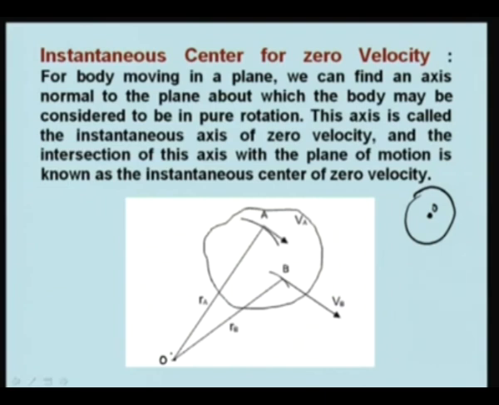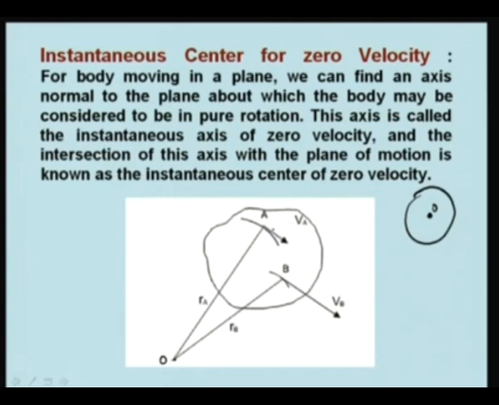Therefore, the velocity of A is perpendicular to the line OA, and the velocity of particle B is perpendicular to the line OB. The magnitude of VA is equal to omega times RA. Magnitude of VB is omega times RB. So, the magnitudes of the velocities are in proportion to the distance from the instantaneous center. In this case, the figure has not been drawn to scale.